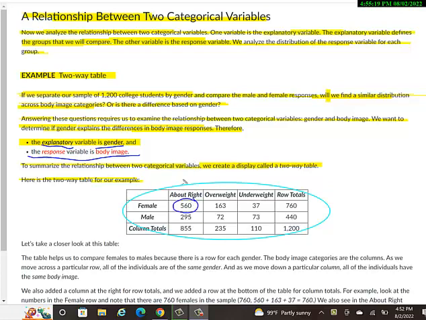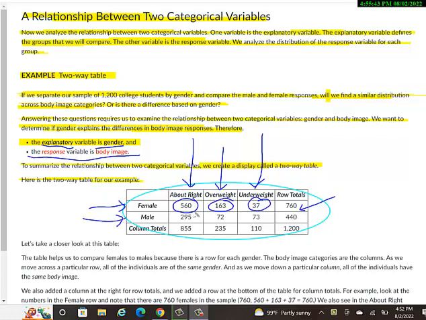We got about right is this column, and the very first row is female. So 560 females said they feel like they're about right, weight-wise. 163 females said that they feel like they are overweight, and then only 37 females said that they think they're underweight. And there were 760 females total that were asked this question.